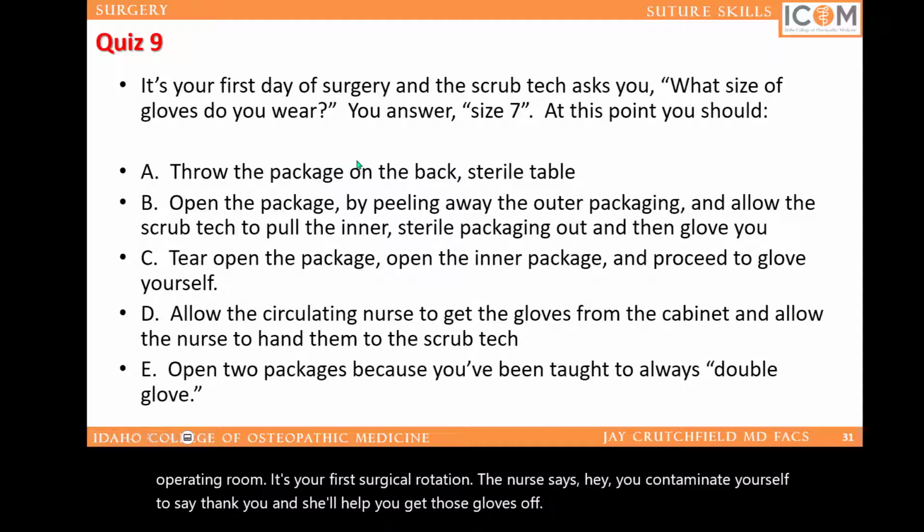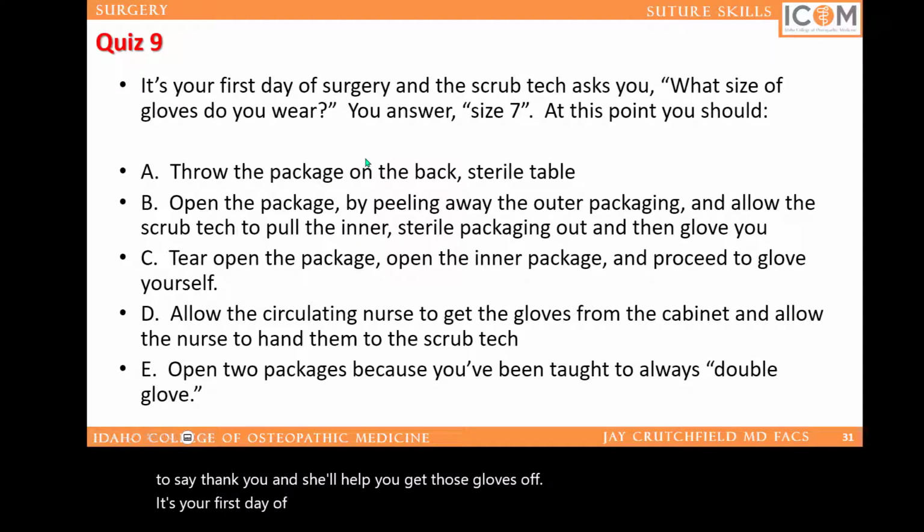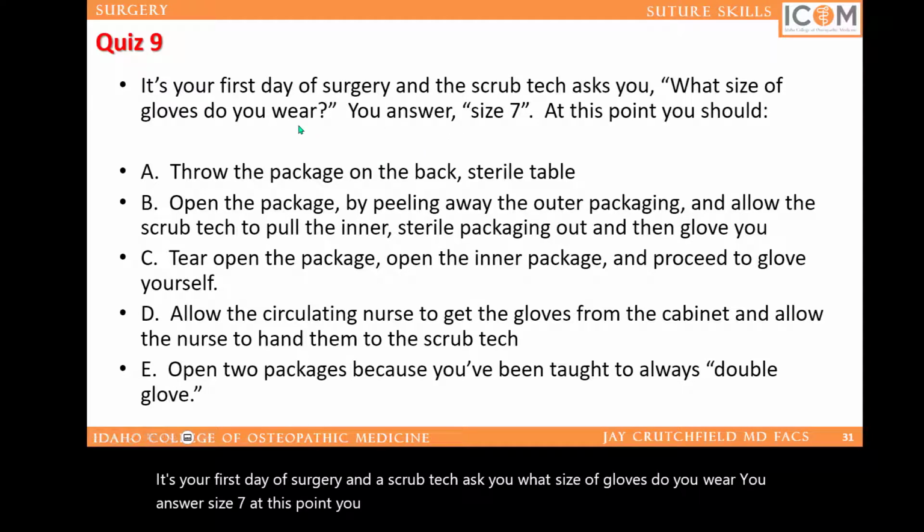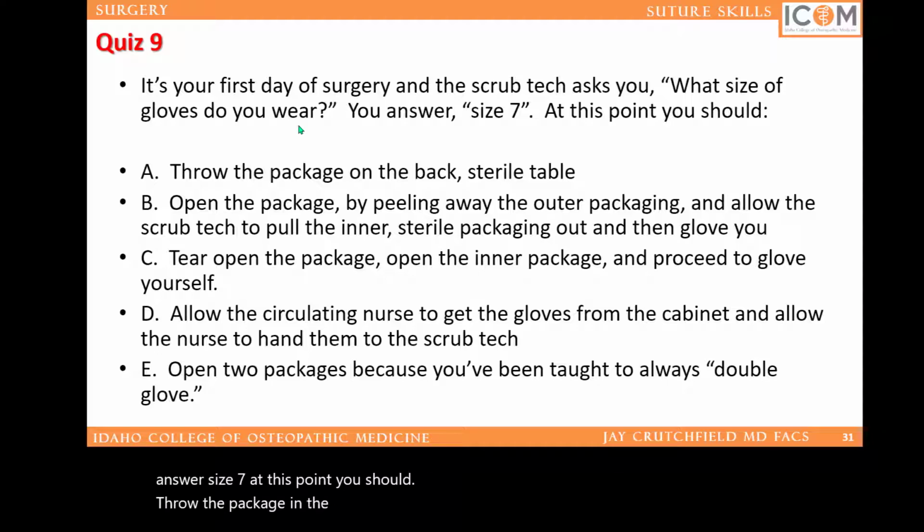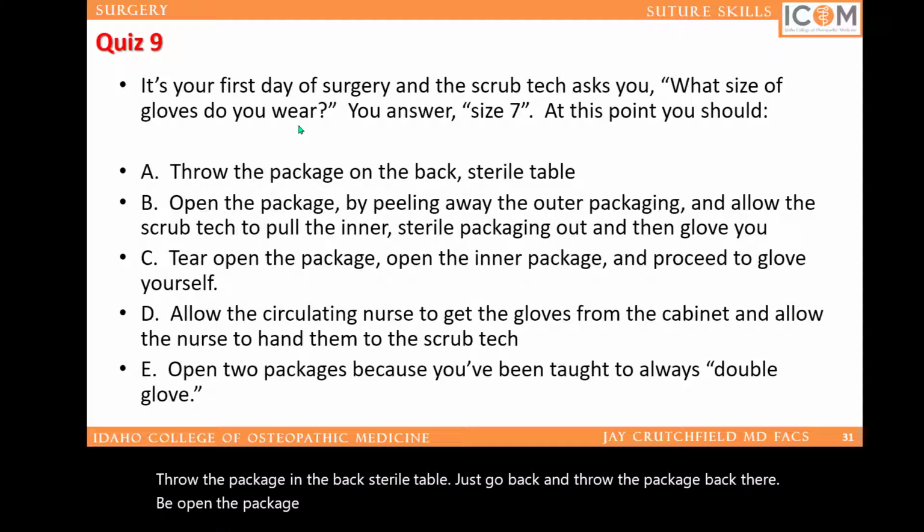It's your first day of surgery, and the scrub tech asks you, what size of gloves do you wear? You answer size 7. At this point, you should, A, throw the package on the back sterile table. Just go back and throw the package back there. B, open the package by peeling away the outer packaging and allow the scrub tech to pull the inner sterile packaging out and then glove you.